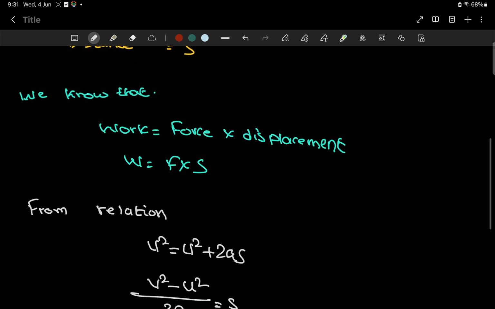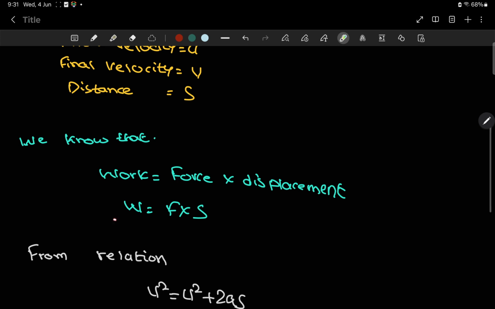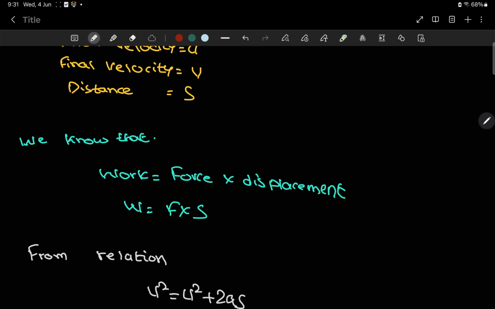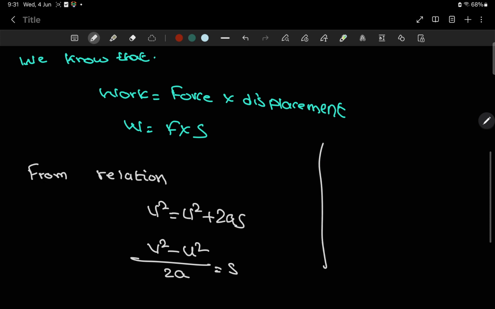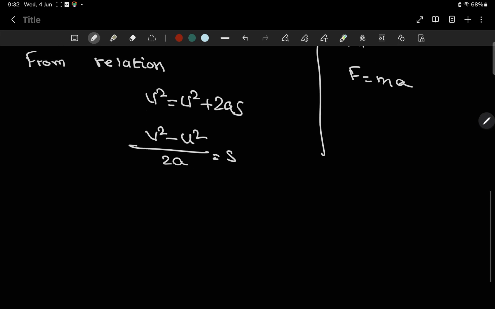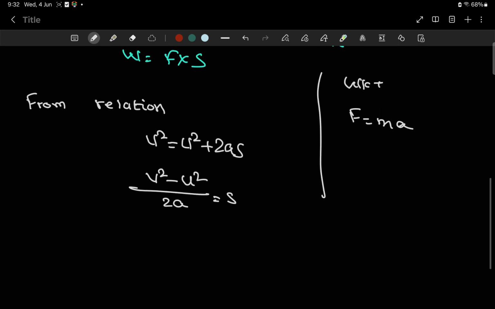So now we have written the equation W is equal to F into S, right? We already know that F is equal to mass into acceleration. We have learned in our childhood that force is equal to mass into acceleration.